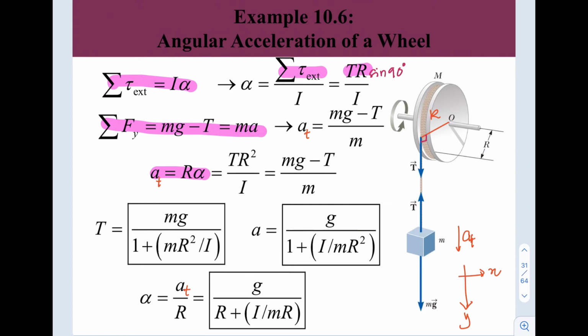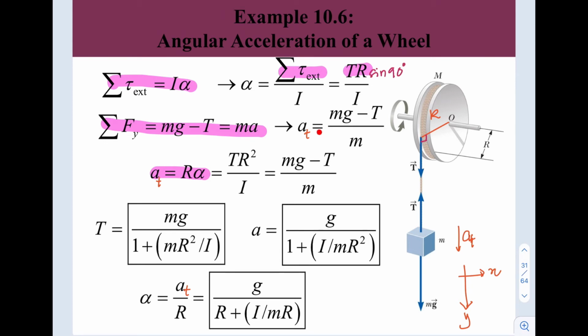Then, for the sum of Fy, for this object, the free body diagram, we have the T upward and the weight downward, but not to forget the object is experiencing an acceleration downward. So we are going to choose downward as positive Y so that our A has a positive sign. So we have mg positive minus T equivalent to MA. A here is also the AT because it's tangential to the disc here.